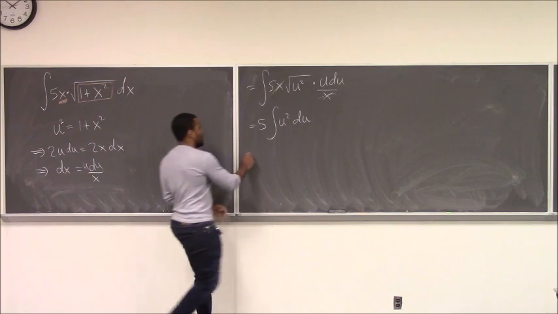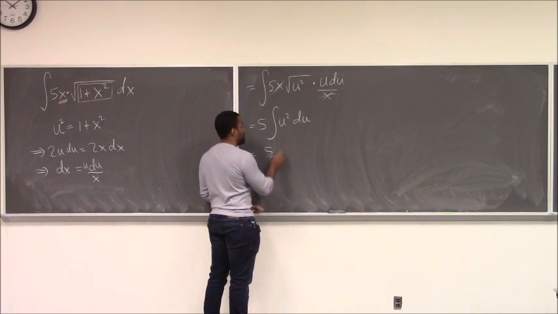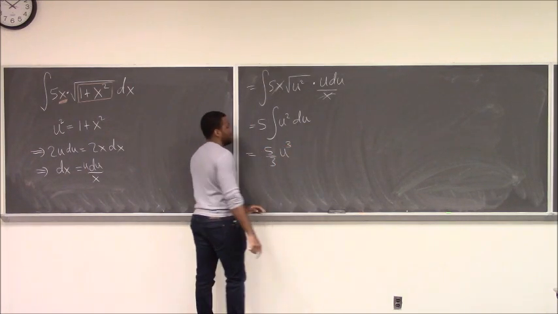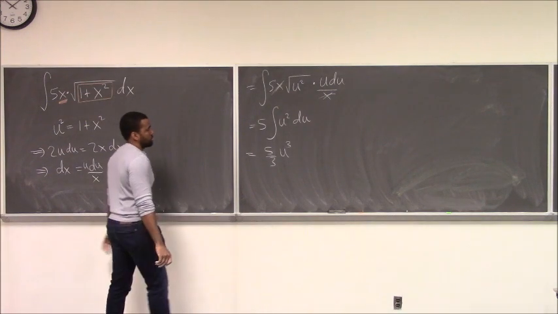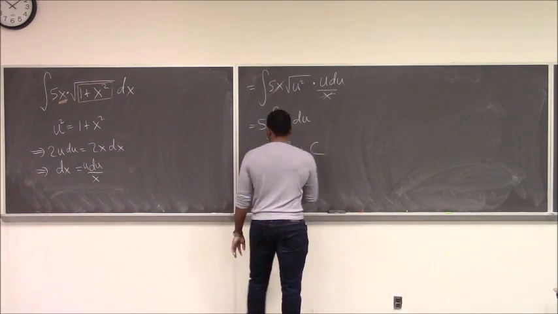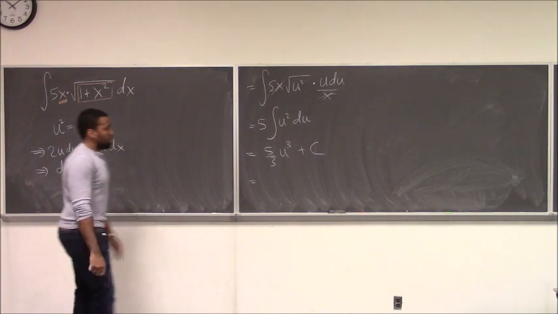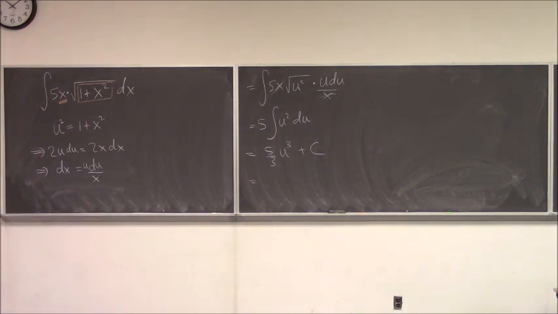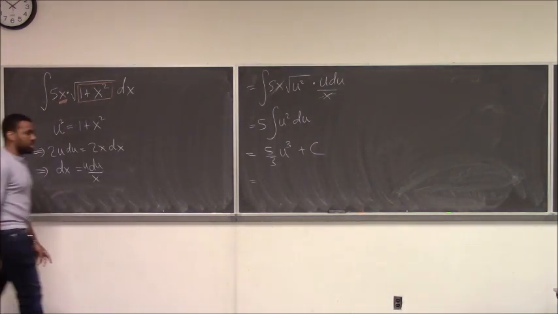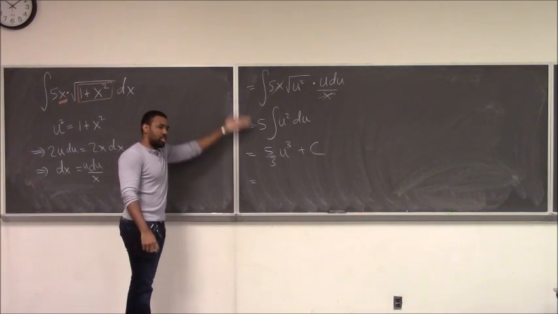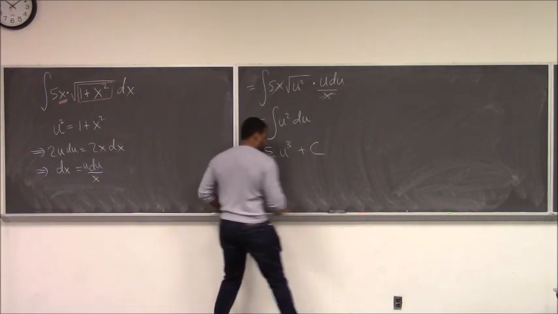And so here you could say this is 5/3 u cubed plus c, and now you can actually replace it. Now, the only difference is here, you have to be a little bit careful with the back substitution, but I think the computational power that you save makes up for this.